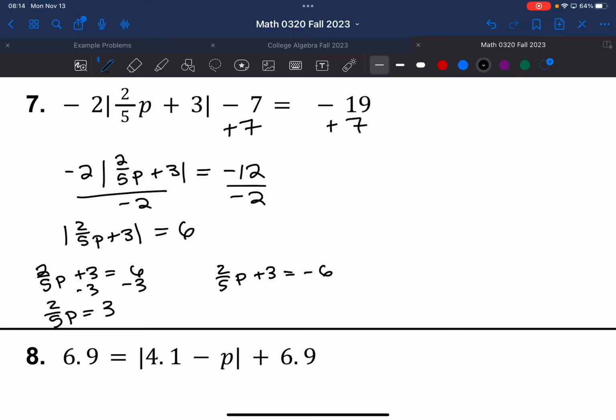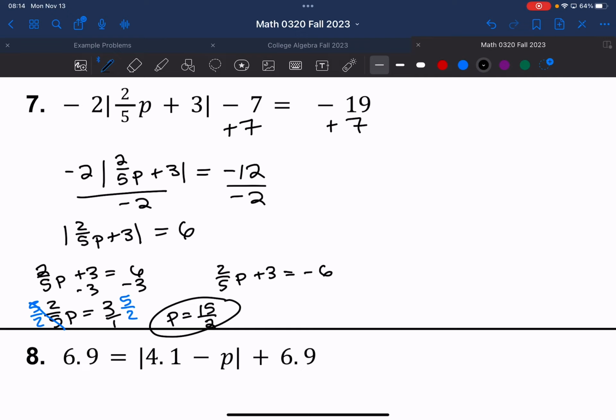So if you did the 5, you would still be able to later divide by 2. If I multiply both sides by 5 over 2, this is going to cancel, and I am left with p is equal to 15 over 2. So that's my first one. Remember, this is 3 over 1. I'm just going to go ahead and leave them as fractions.